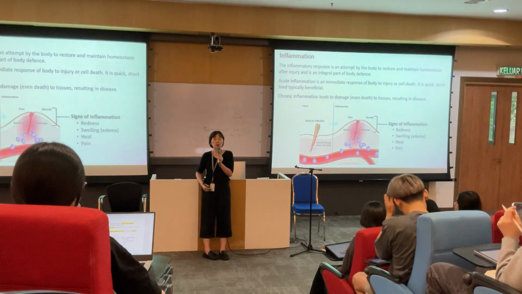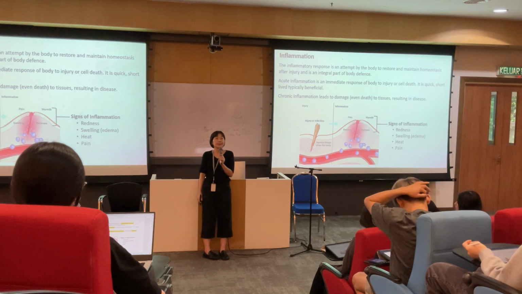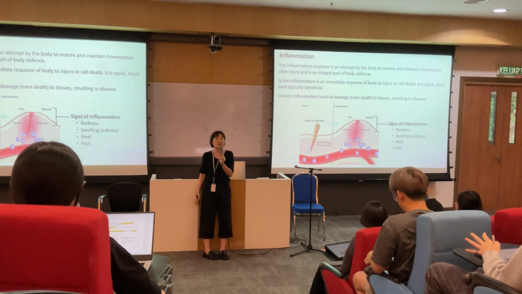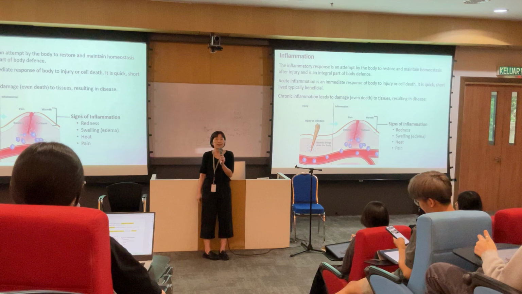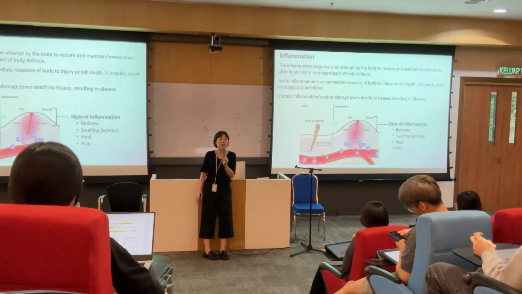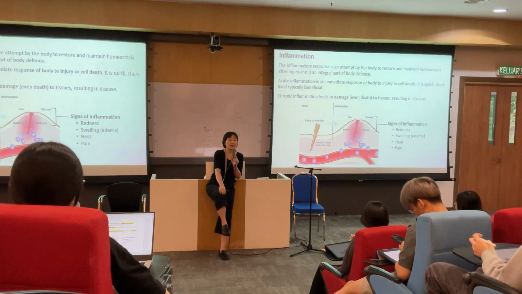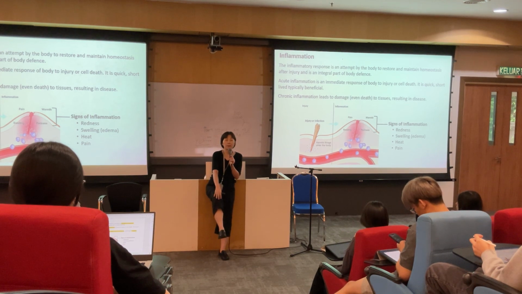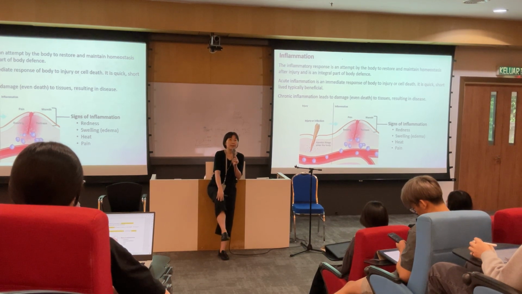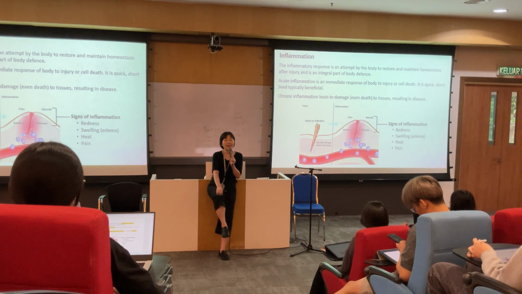A lot of autoimmune diseases, such as rheumatoid arthritis, have chronic inflammation in the joint, which actually destroys the joint. If you have inflammation for a long time, eventually all the immune cells aggregate in the joint and you start to destroy the bone. So chronic inflammation is not a good thing.